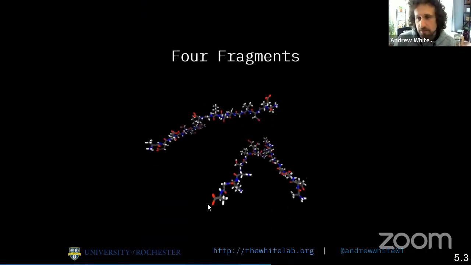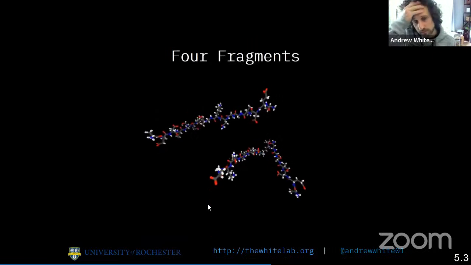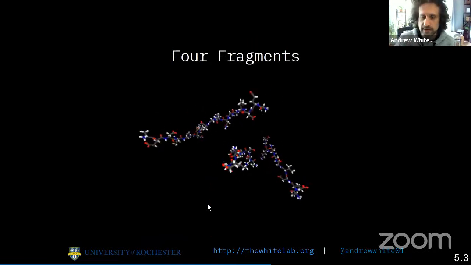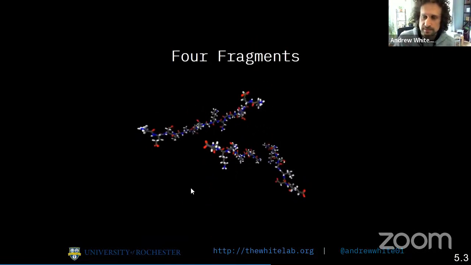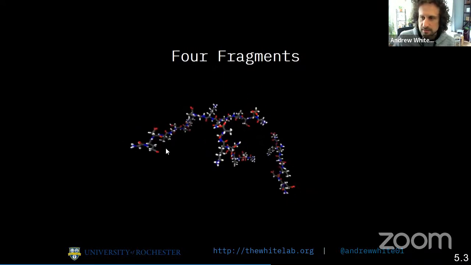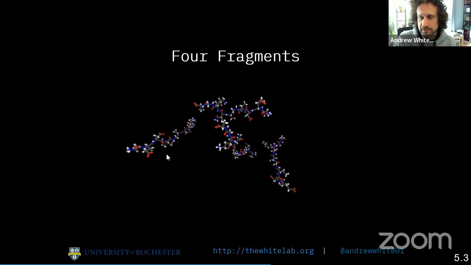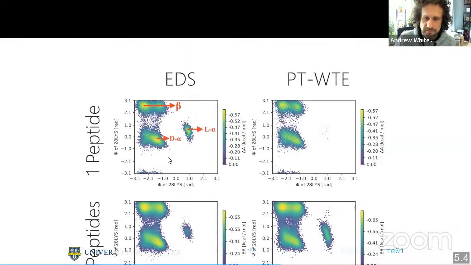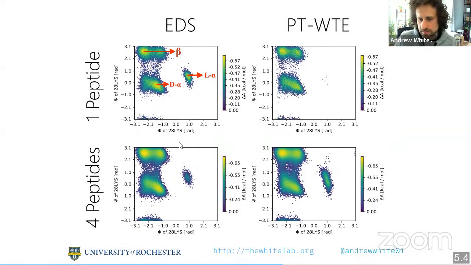Then we can go to more fragments. We basically did 1 fragment in that simulation. We can also do 4 fragments now. And the idea is that by biasing here, when we have 4 peptides, we can start to get closer to the self-assembled structure of this peptide. I won't go into it too much, but what was interesting about this work is that when we had 1 peptide and we biased it, it looked very similar to when we have 4 peptides.